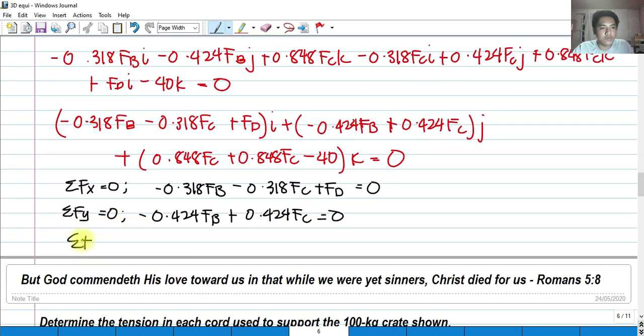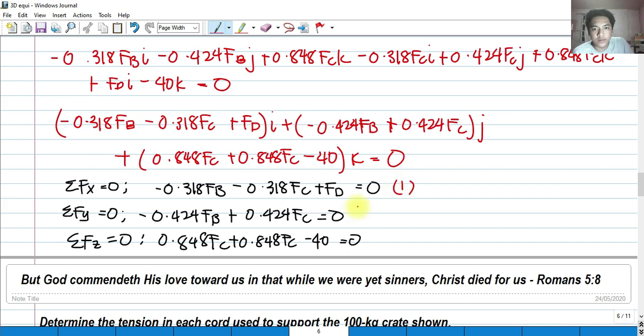Lastly, summation of forces along k equals 0: 0.848 F sub B plus 0.848 F sub C minus 40 equals 0. So this is our equation 1, equation 2, equation 3.